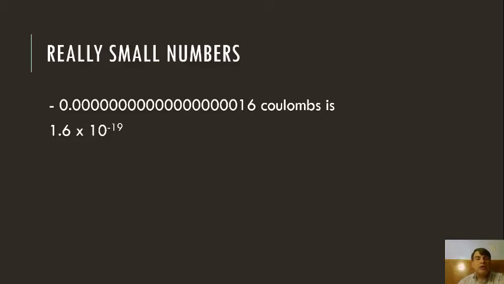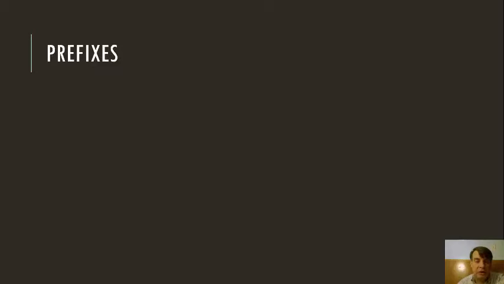Sorry. Okay, so there are some prefixes that I'll end this video with. So 10 to the third power is kilo. That's 1,000 times something. So a kilometer is 1,000 meters. Or a kilogram is 1,000 grams. Or a kilowatt is 1,000 watts. And so forth.